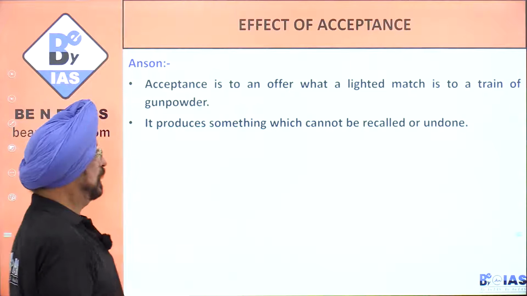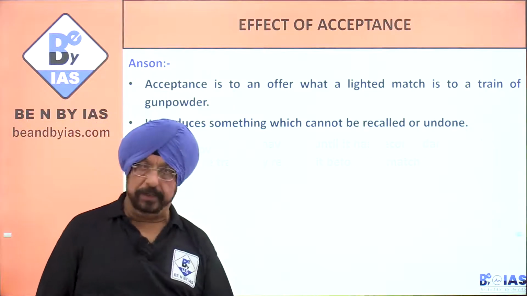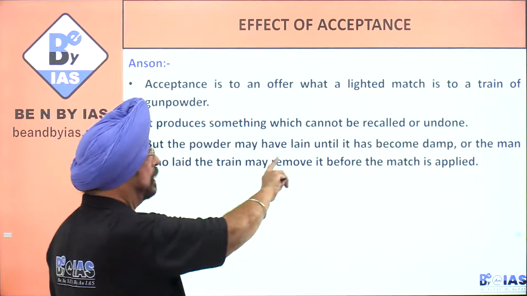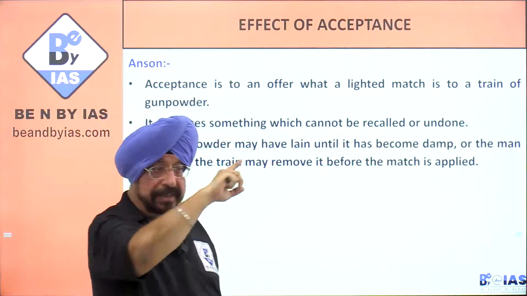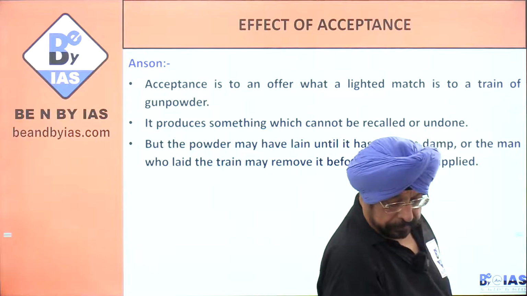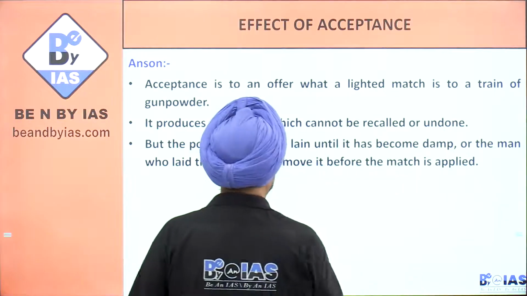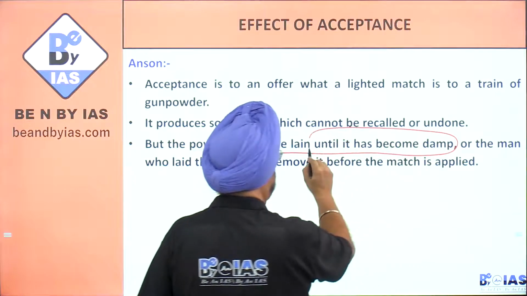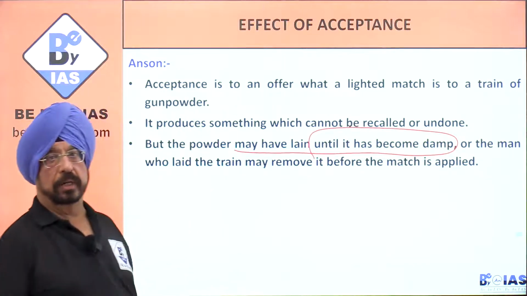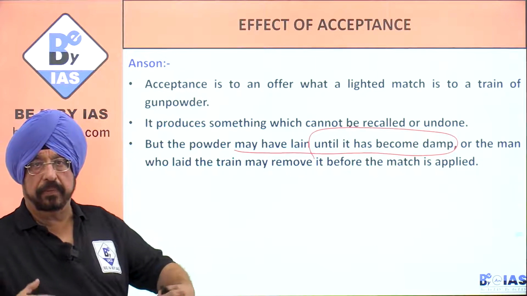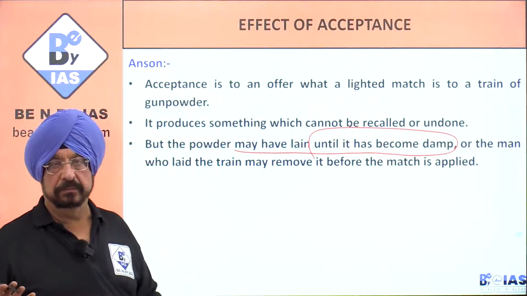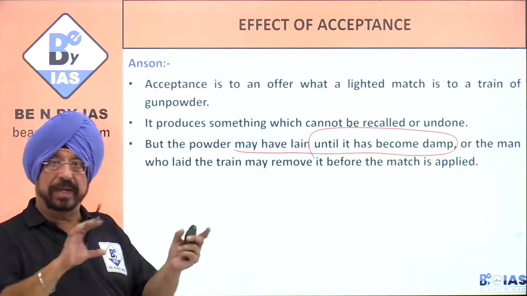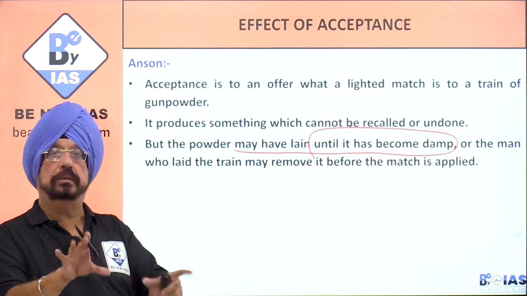It produces something which cannot be recalled or undone. But the powder may have lain until it has become damp. Now, he is adding one more aspect to it. May have lain until it becomes damp. Damp with what? Damp over a period of time. Lapsed. He is adding a new term to it. So you can add this also to your answer.